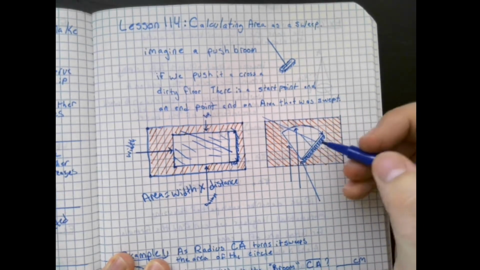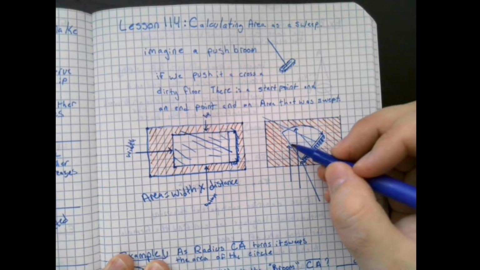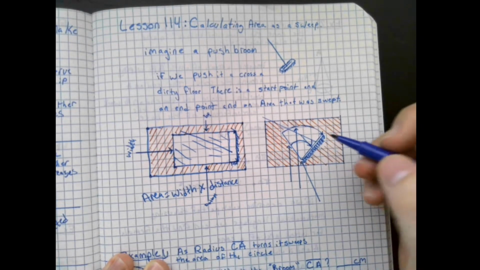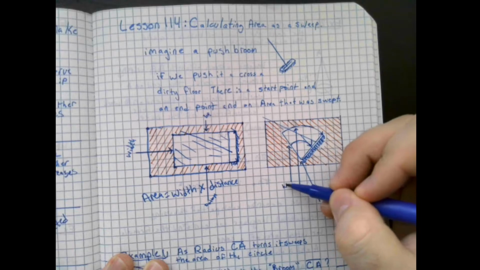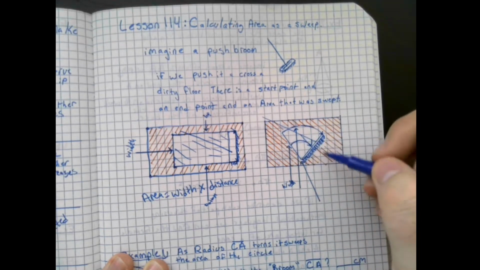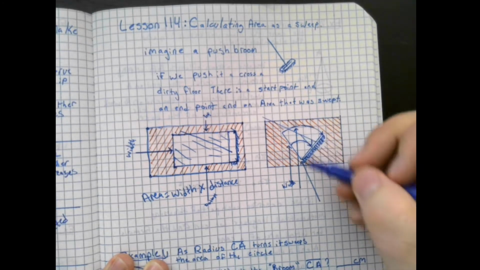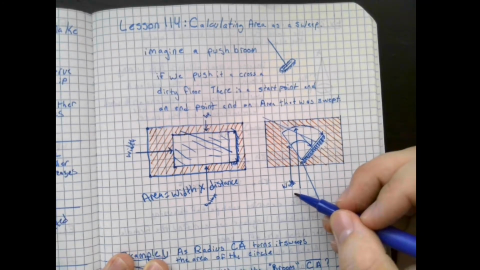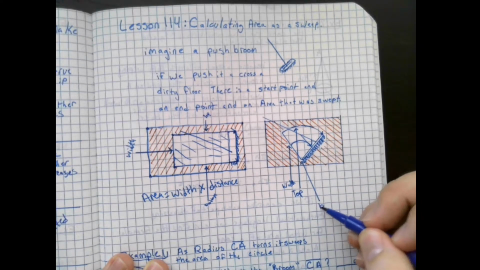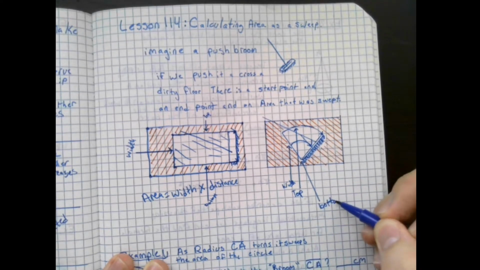Now, what about this over here? In this over here, we've pushed the broom, but the broom curved. Now, we still have our width in the back going around, but now we've got two different distances. We've got a distance from the top and the bottom, which didn't move.